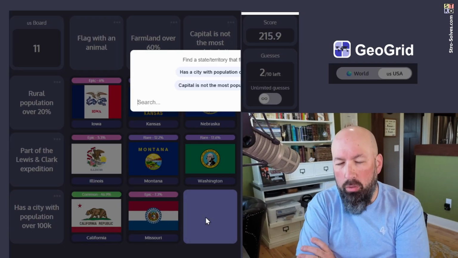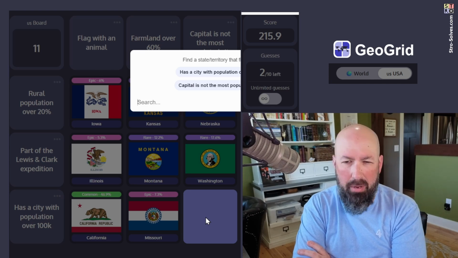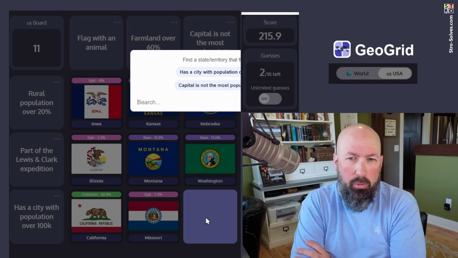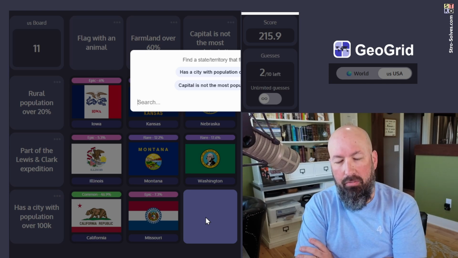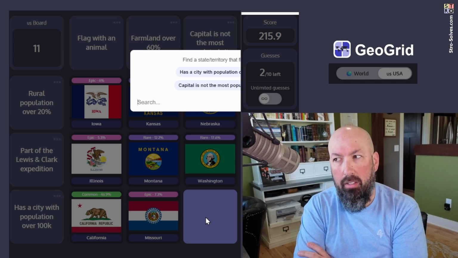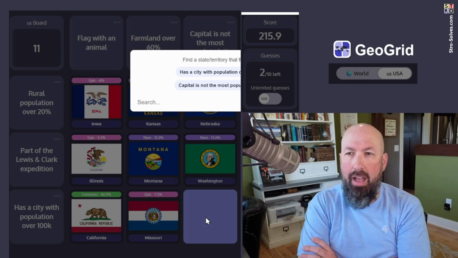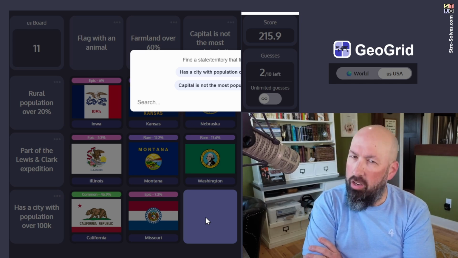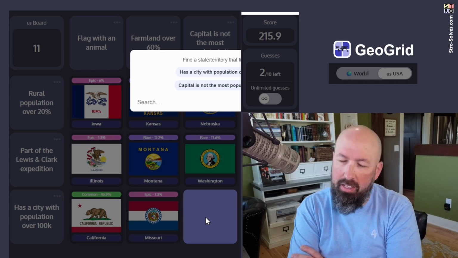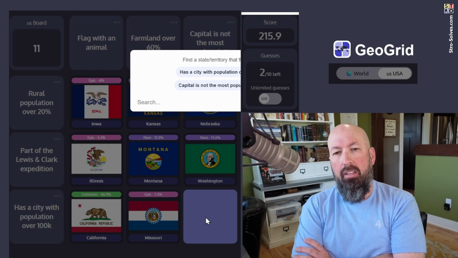Okay. Well, most places where the capital is not the most populated is probably going to have a most populated city over 100,000. Because it feels unlikely that your capital is going to be big enough to be the capital, but not the biggest city. And there's another, like, the biggest city is also under 100,000. I mean, I don't know.